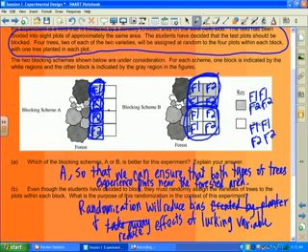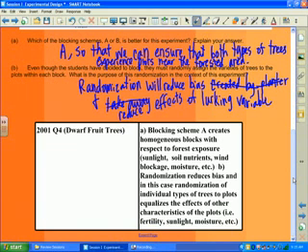Okay. All right, so let's see what the answer key says. Blocking scheme A creates homogeneous blocks with respect to forest exposure, sunlight, and so on. Okay, I don't really like the way that they said that there. Randomization reduces bias, and in this case, the randomization of individual types of trees to plots equalizes, so we said reduces, and they said equalizes, the effects of other characteristics.